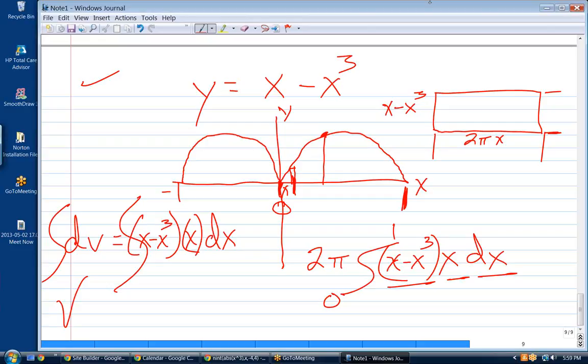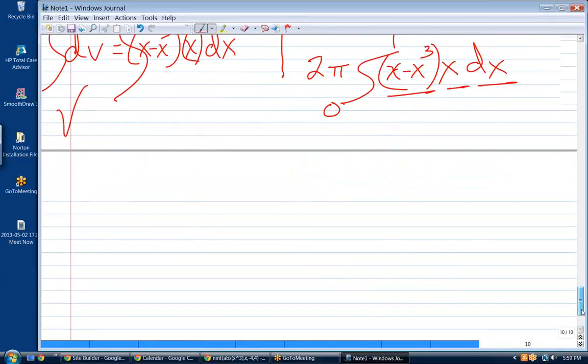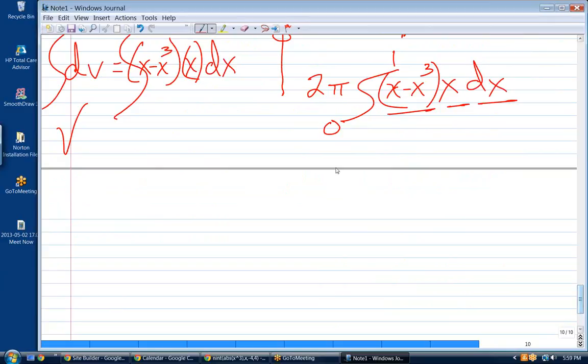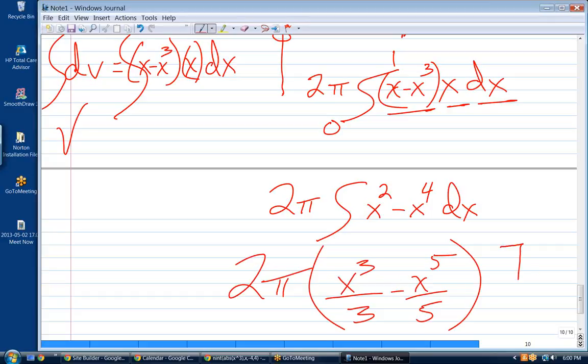Yeah. So the way we solve this integral here on the upper right would be to distribute the x. So you have x squared minus x to the fourth. Now you can just use the power rule. So it becomes x cubed over 3 minus x to the fifth over 5, all times 2 pi, evaluated from 0 to 1.